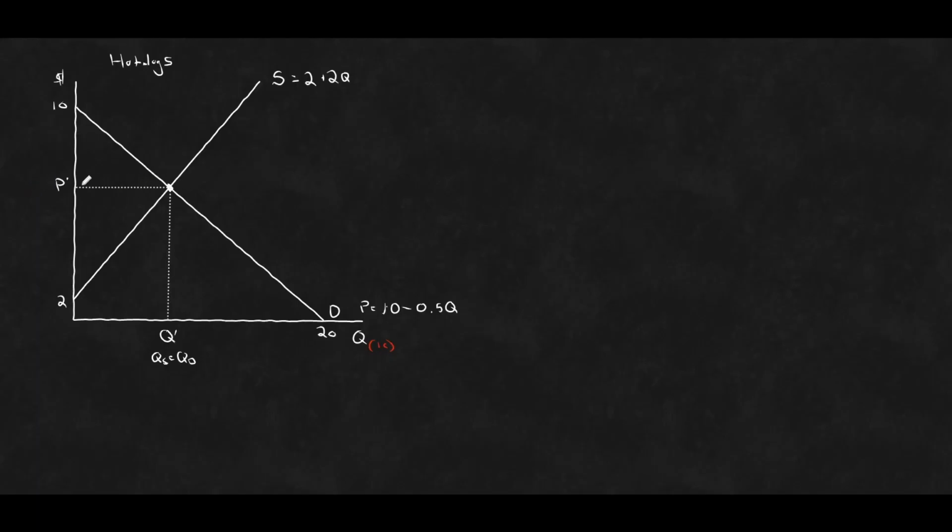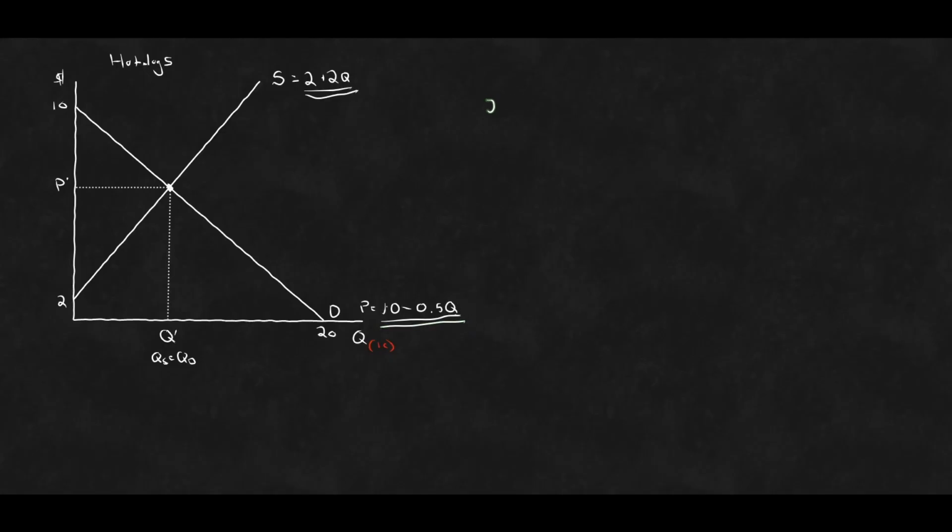That is, we can find these values of P and Q just by setting our marginal cost equal to our marginal benefit, our minimum willingness to accept equal to our maximum willingness to pay. So let's go do that.